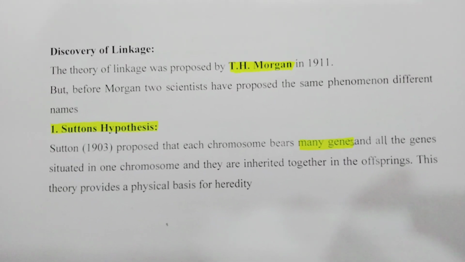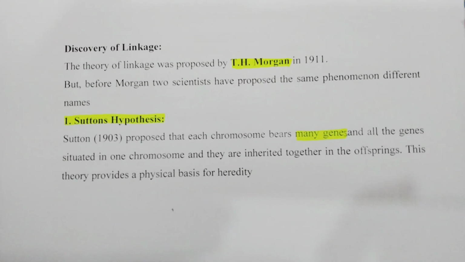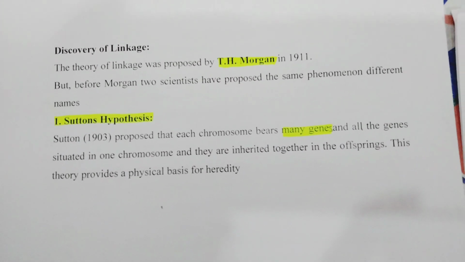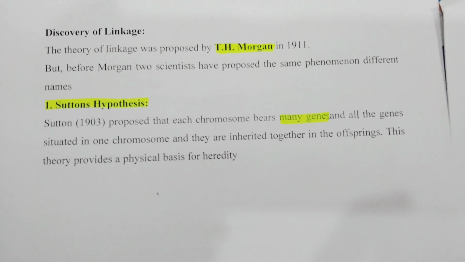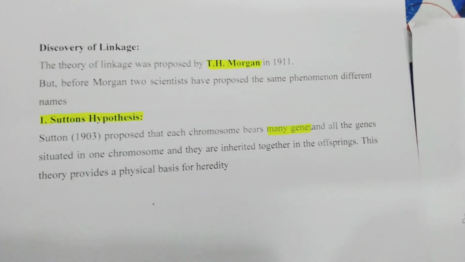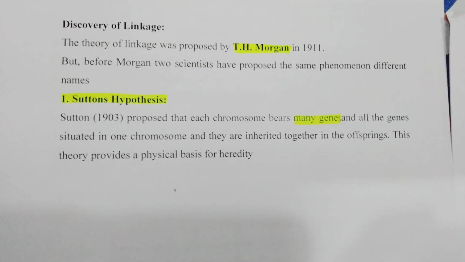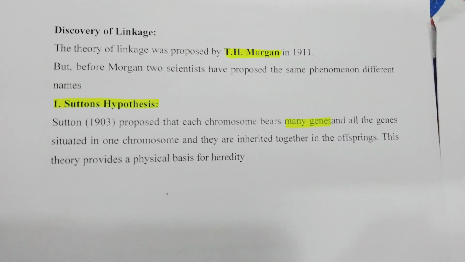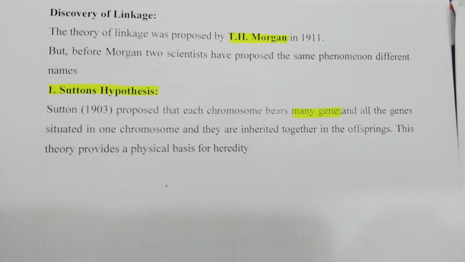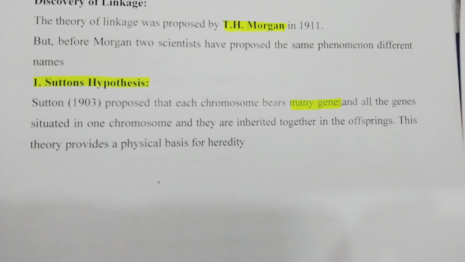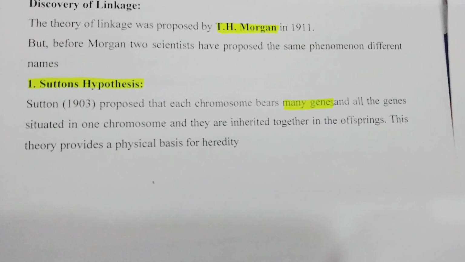Linkage was first proposed by the scientist T.H. Morgan. Before Morgan, two scientists had independently proposed a similar phenomenon, but the credit goes to Morgan. Let's see the Sutton hypothesis. In 1903, Sutton proposed that each chromosome bears many genes, and all the genes situated on one chromosome are inherited together in the offspring.